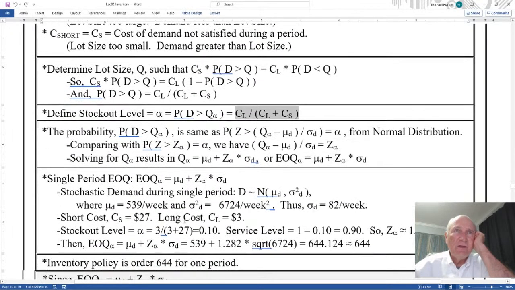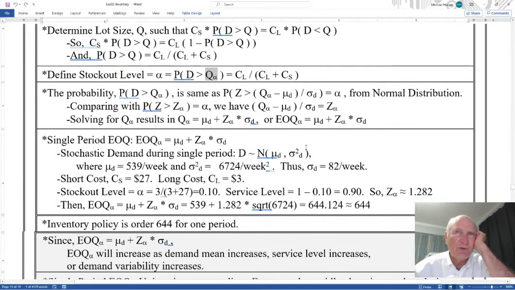Okay. The probability here is the same as, so this I'm deriving it. So how do I derive my Q? I'm deriving it here. I'm not going to go through it but it will be that equation right there, the mean plus my Z times my standard deviation. So for these values, let's let the demand be a mean of 539, a standard deviation of 82.